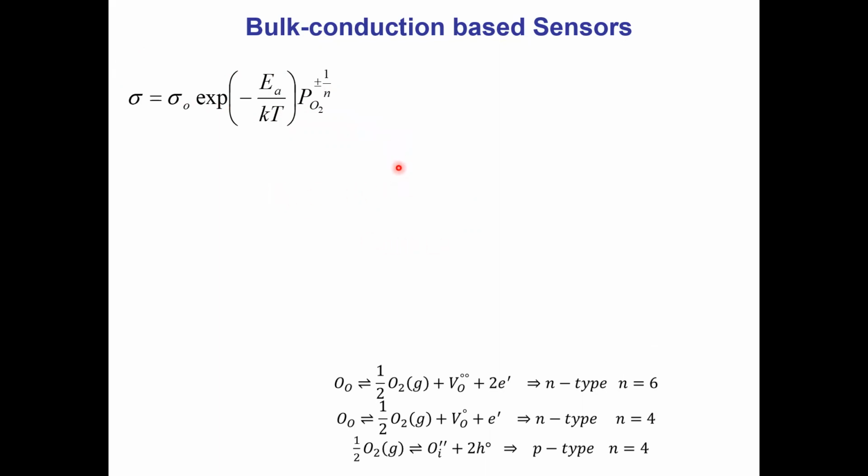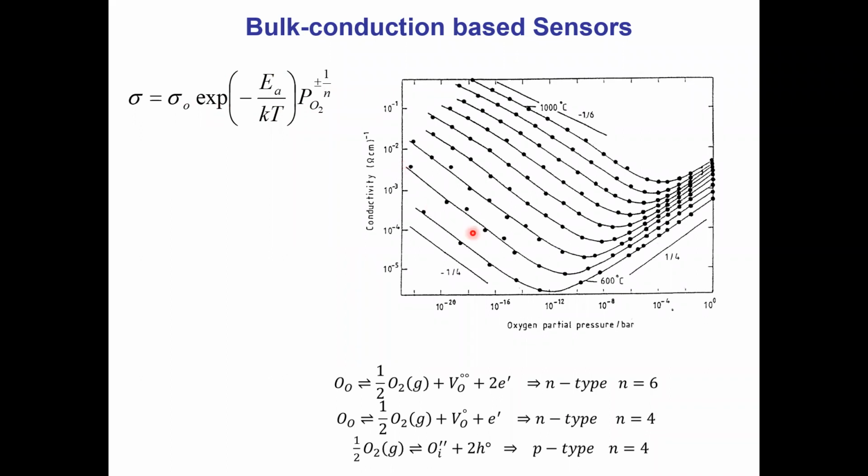Again, I'm not going to go into the discussion of Kroger-Vink type diagram, but if you're interested, we can do that later. So this is some data based on barium titanate material and electrical conductivity as a function of oxygen partial pressure. You can see that the material goes from N-type semiconductor to P-type semiconductor. Particularly in the N-type regime, the slope, this 1/n, can vary.